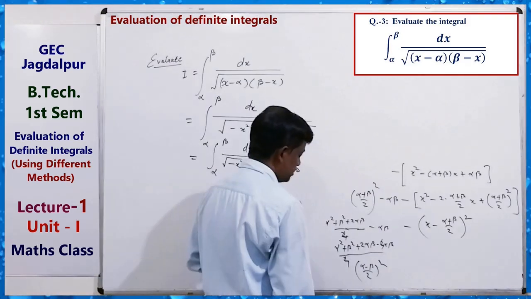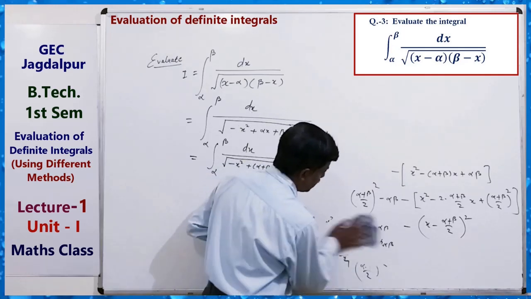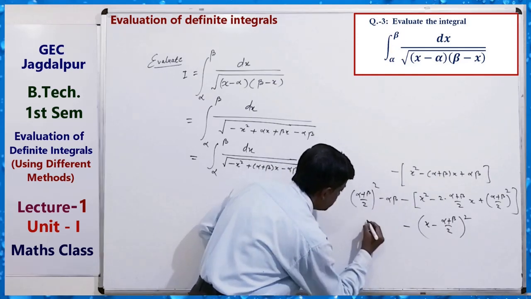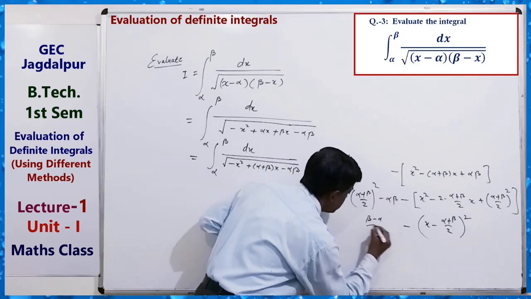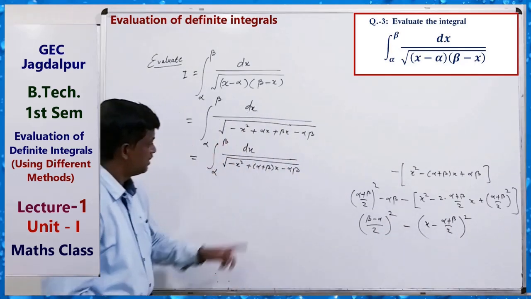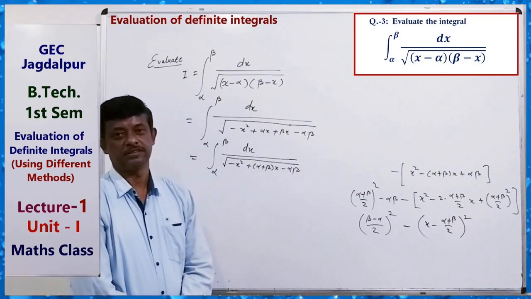So just see, this means beta minus alpha by 2 whole square, or alpha minus beta by 2 whole square. It can be written as beta minus alpha upon 2 whole square.